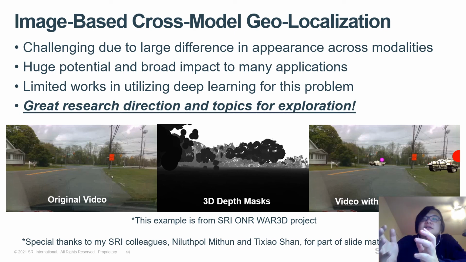Because we can get the depth map from the database based on the geo-localization results, it can support augmented reality insertion based on the depth map. Here we show that it inserts some vehicles on the road and can handle the occlusion nicely because it gets the 3D information from the reference database. So I hope this gives a good motivation to the audience for cross-modal geo-localization. Right, thank you.